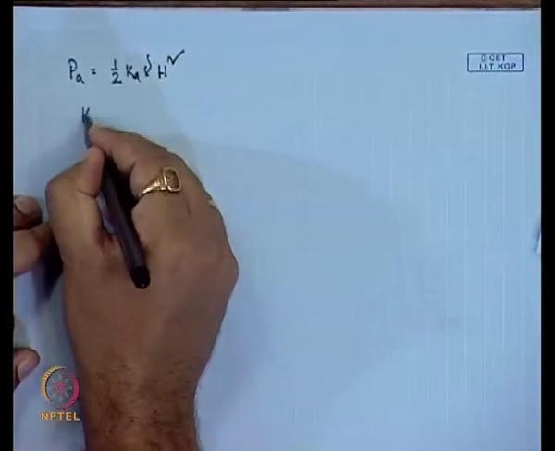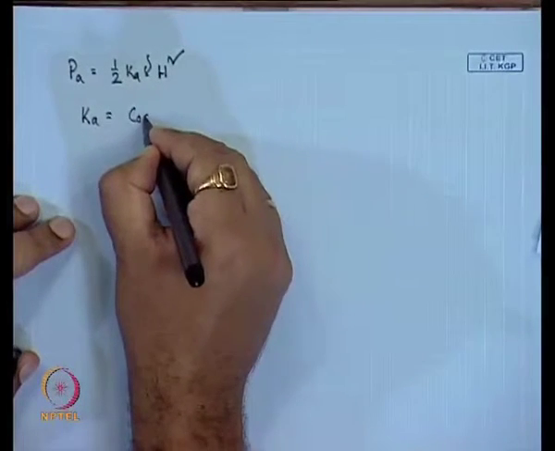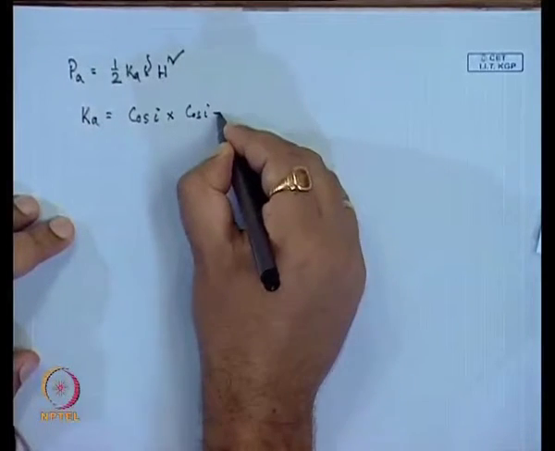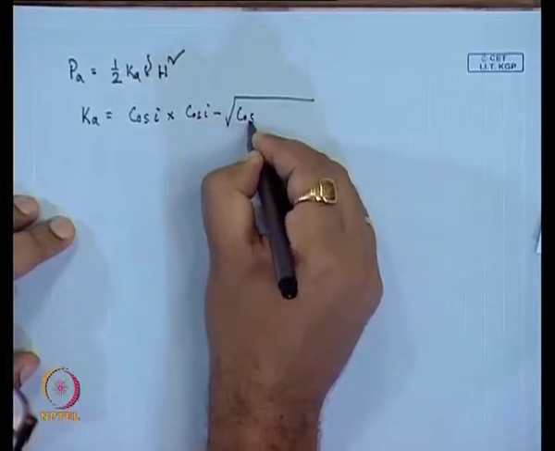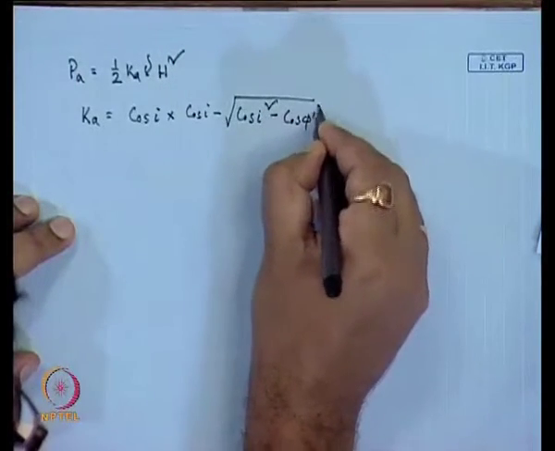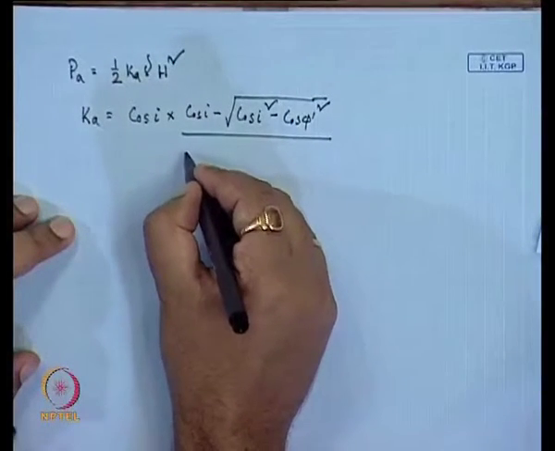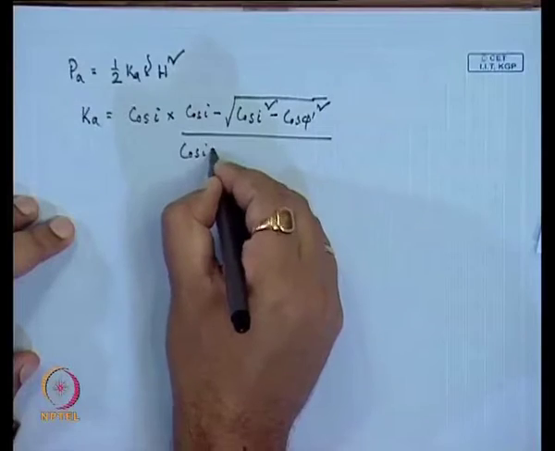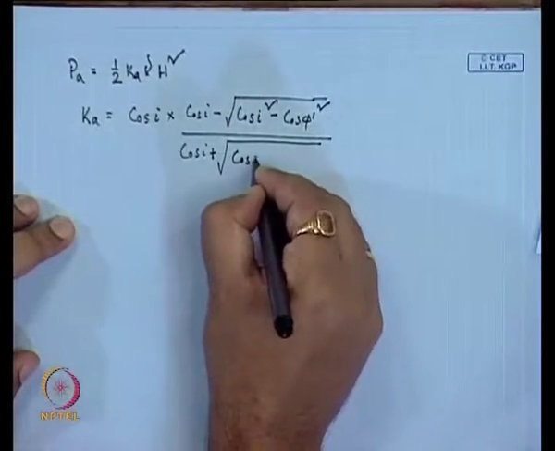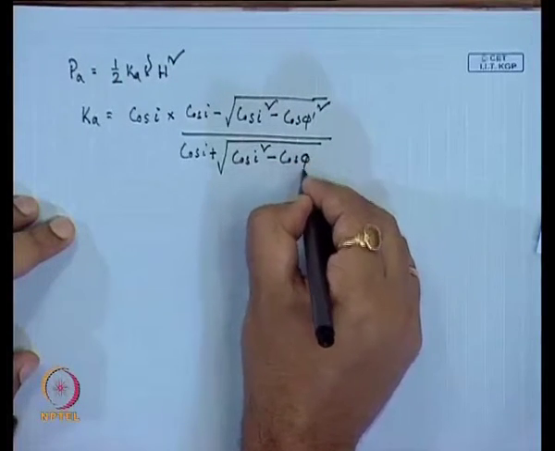Then K A by using Rankine's theory is cos I into cos I minus root over cos I square minus cos phi dash square, divided by cos I plus root over cos I square minus cos phi dash square.